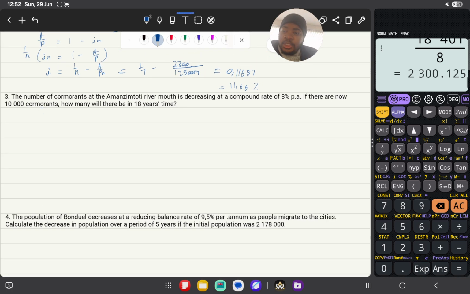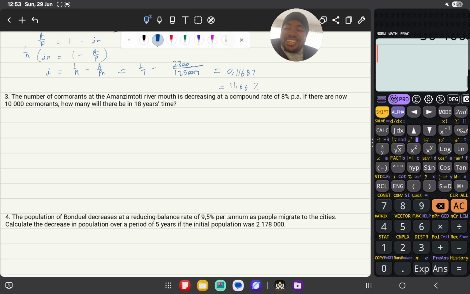So yeah, okay. The number of cormorants at Amanzimtoti River.